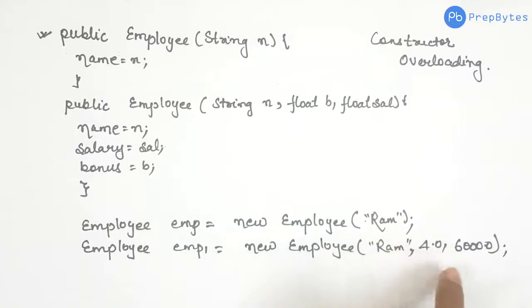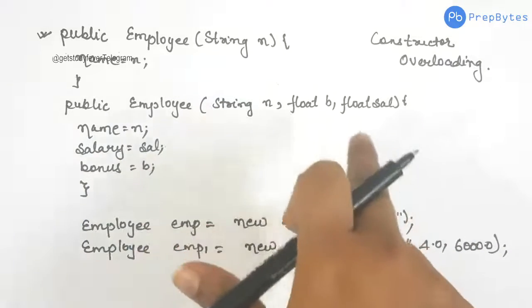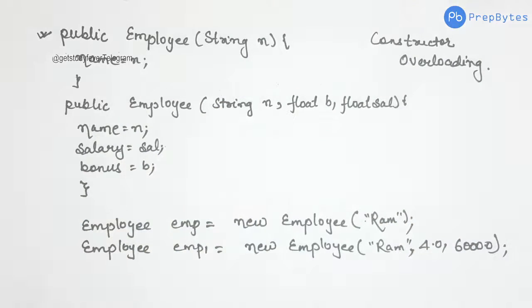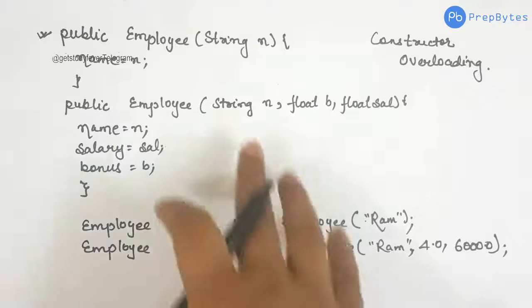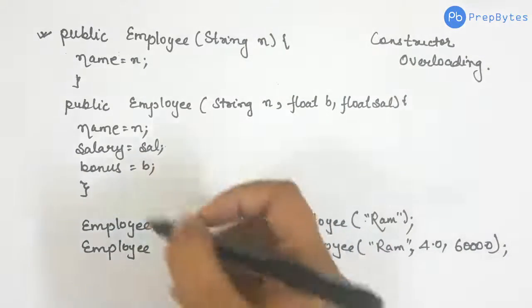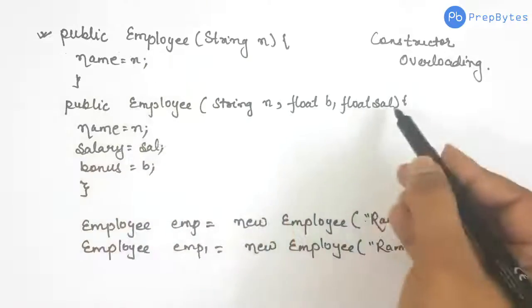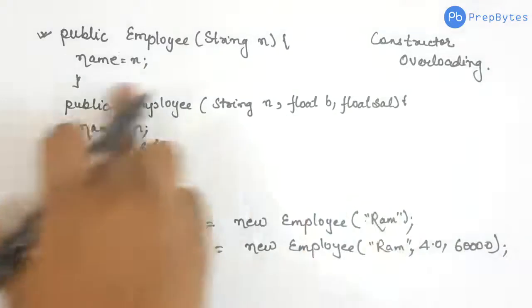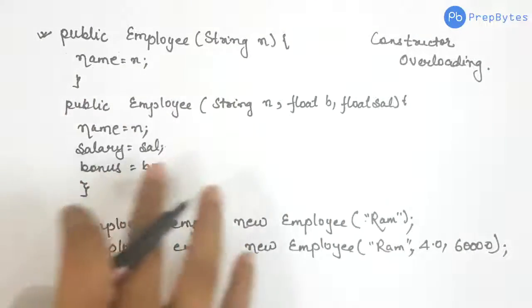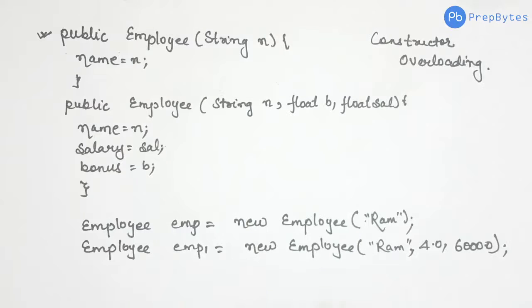So now what happens? We have 3 parameters. Now it will check which particular constructor has 3 parameters with the data types string, float and float. So it sees that this is not the match, this is the match. So in this particular case, this constructor gets called. So this is one of the concepts of constructor overloading.